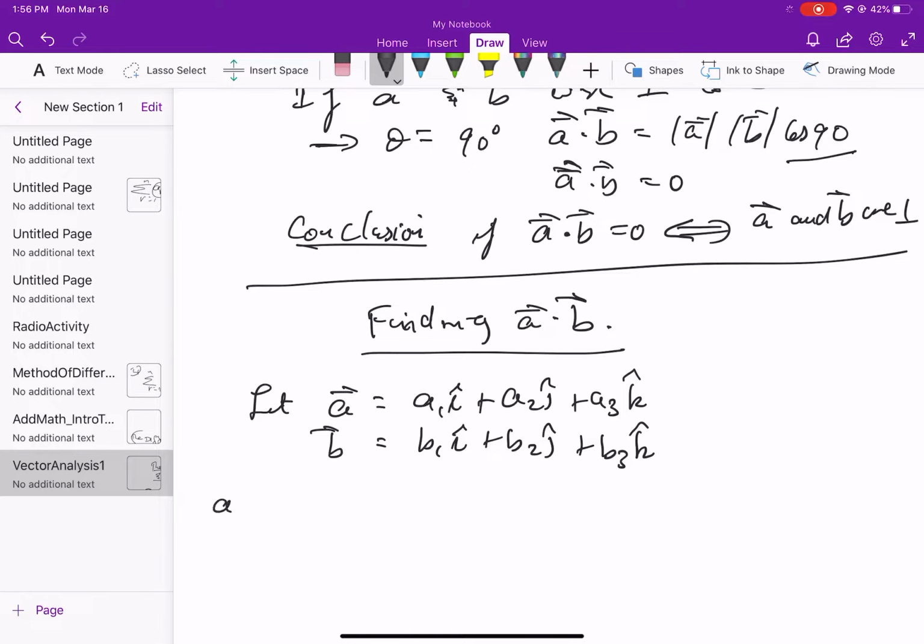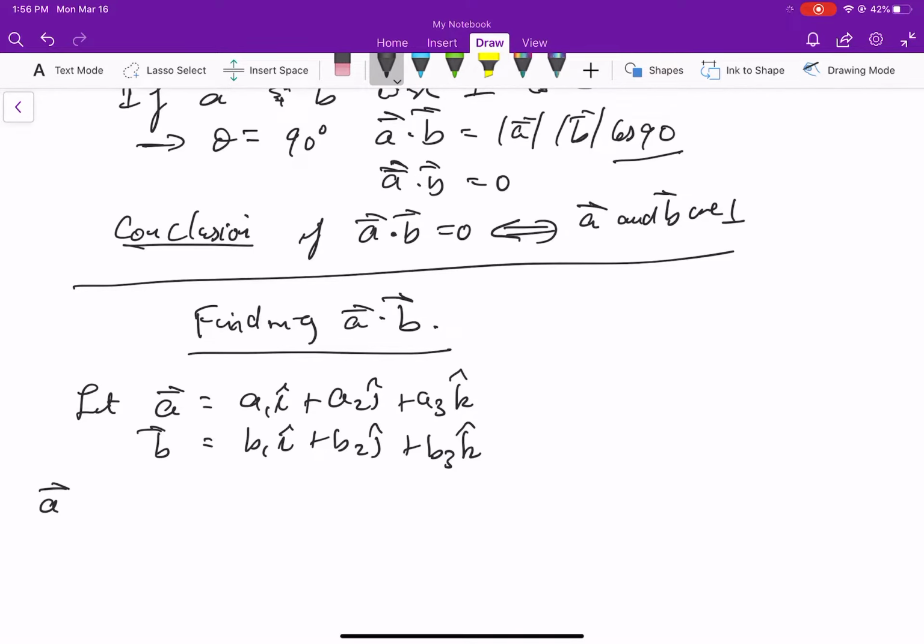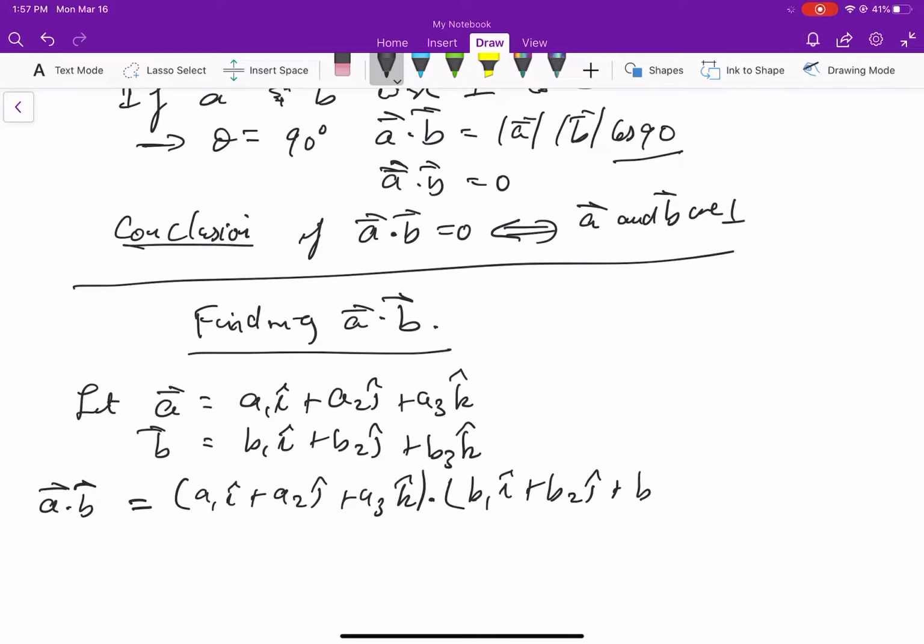If I'm going to find A dot B, then the dot simply means multiplication. So I'll simply put the 2 vectors side by side, A1 i plus A2 j plus A3 k, and multiply them, dot B1 i plus B2 j plus B3 k.